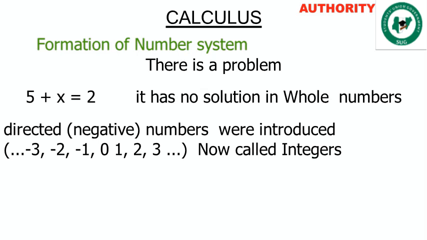In whole numbers we have 0, 1, 2, 3, 4 upwards, right? Now this one is direct opposite. Instead of going from 0, 1, 2, 3, you go backwards: 0, minus 1, minus 2, minus 3. So you can say that this is the invention of negative numbers. So negative numbers were introduced.